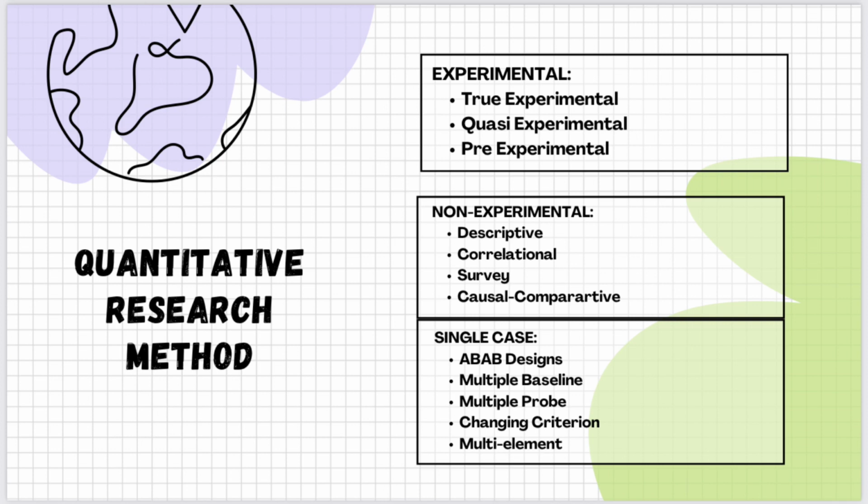And then we got pre-experimental research. So in experimental, we also have the single case or single subject research. We got 5 here: AB design, multiple baseline, multiple probe, changing criterion, and multi-element.